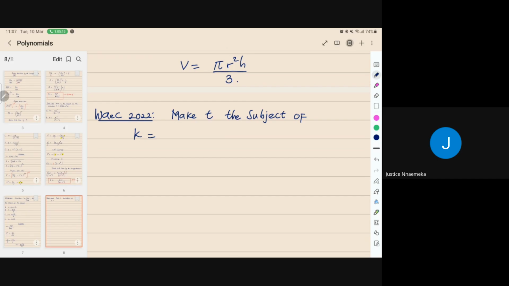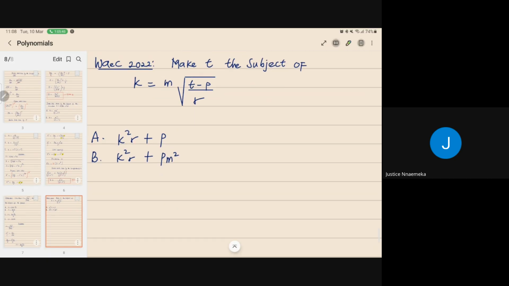You have the formula K equal to M, you have the square root right here, then you have T minus P all over R, right? So option A, very fast, guys, so that we can move over to factor remainder theorem. Option B: K squared, R plus P, M squared all over M squared.